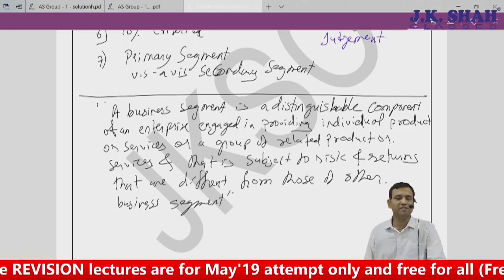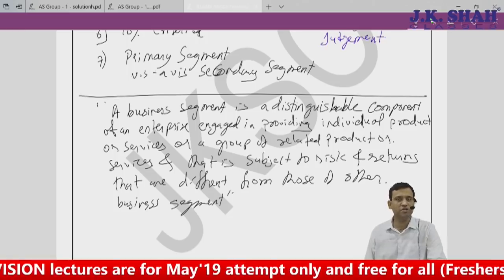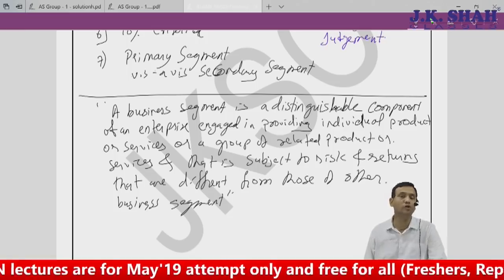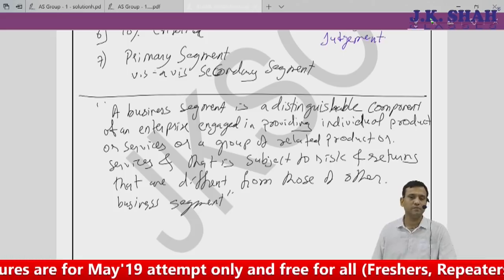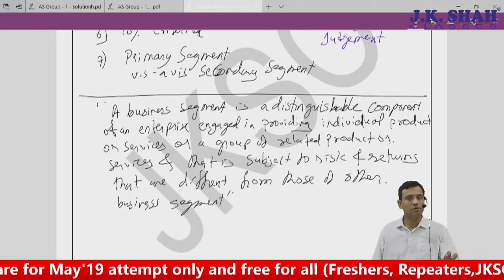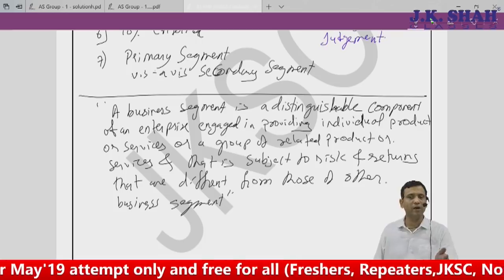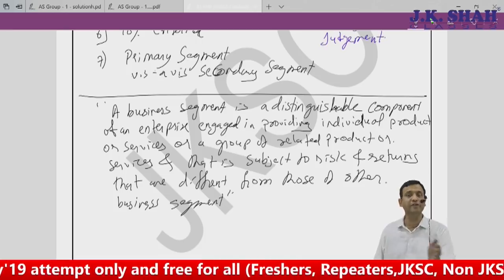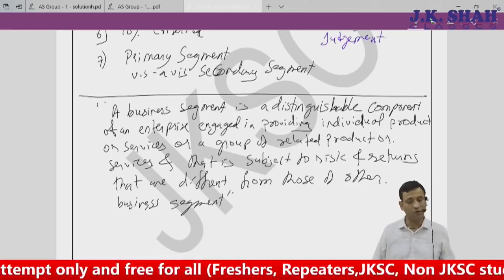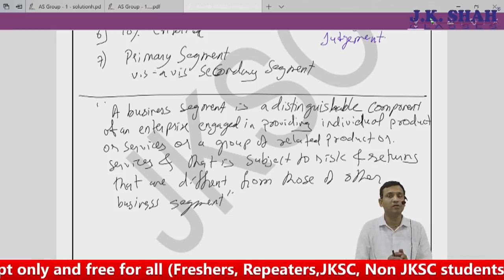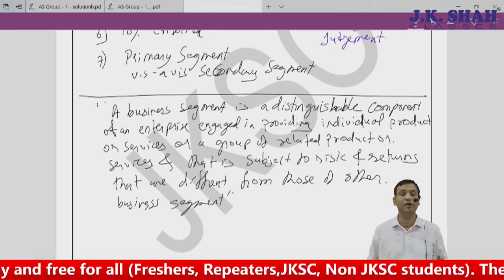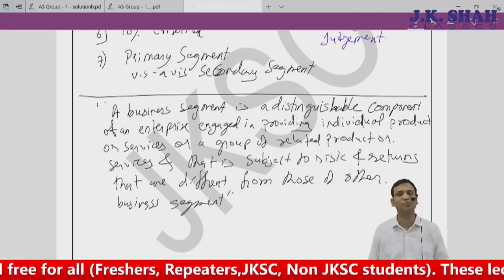I'm in the FMCG sector. I'm making shampoo also. I'm making soap also. So they may become separate segments provided the risk and reward are different from each other, or they may all come under a single umbrella, toiletry products. That is also possible.